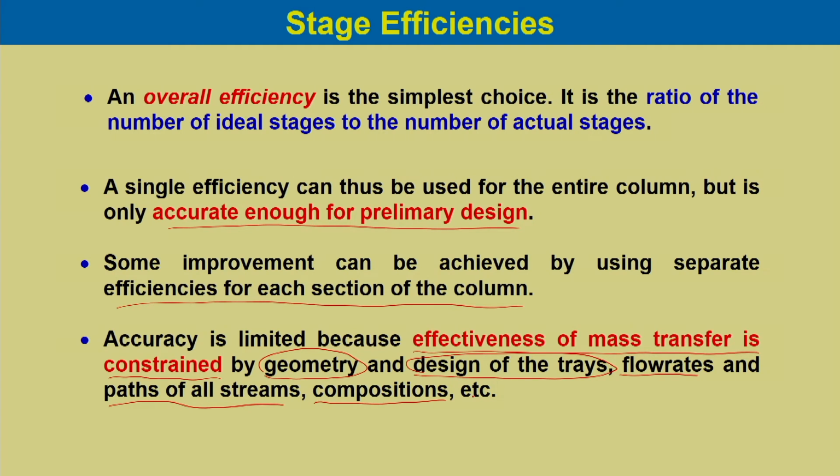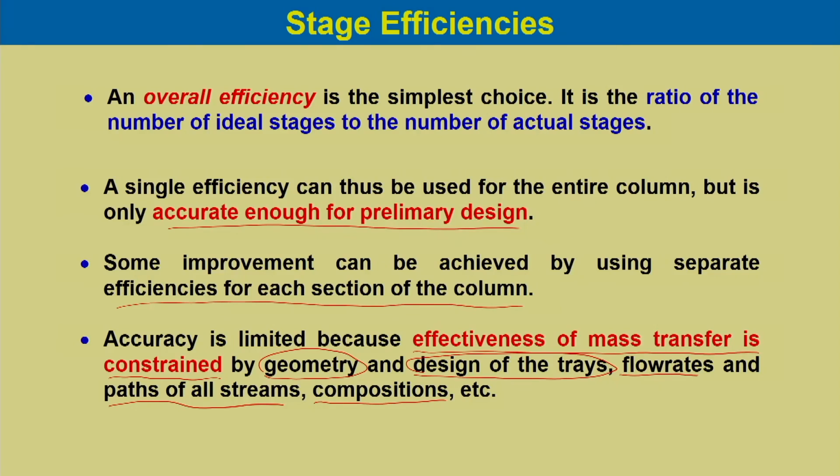Because of several parameters which influence effective mass transfer in a particular tray or column, there is deviation from tray to tray or section to section in a distillation column. So, using different efficiencies for different sections or trays would be helpful for finding the actual trays required.